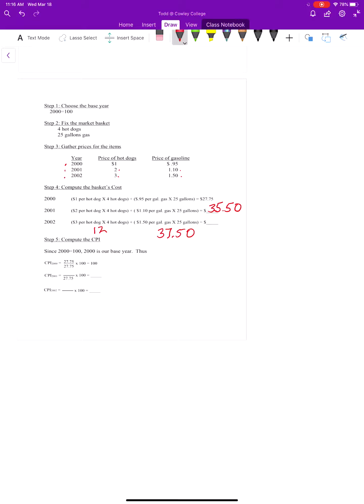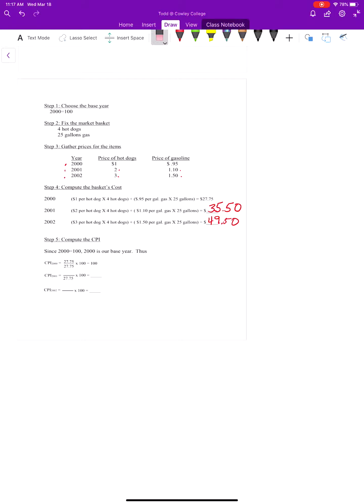So 37.5 plus your 12, so the market basket in 2002 will now cost us $49.50. Okay, so that part of it's pretty easy. Just kind of keep your numbers straight.